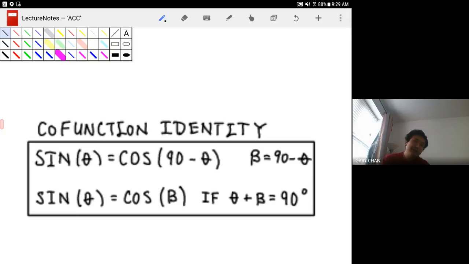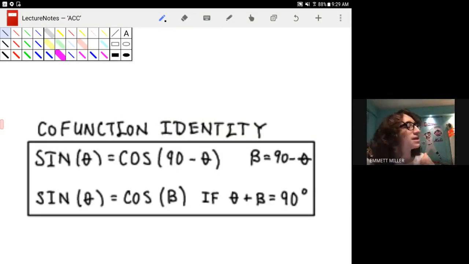In co-function identity, the co in cosine is actually a prefix for the word complementary. Why do you think the word complementary is thrown in here? Well, because the complementary angle is 90 degrees.